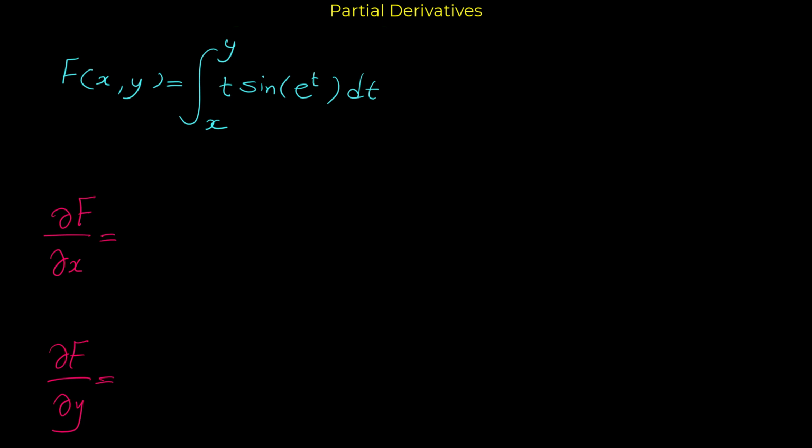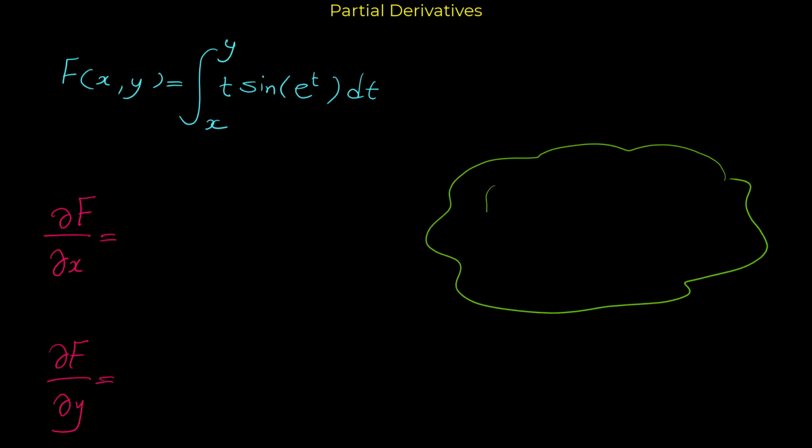But how can we find the partial derivative of this function? You have to remember the fundamental theorem of calculus for this question. Let me remind you briefly of the fundamental theorem of calculus. It was something like this.